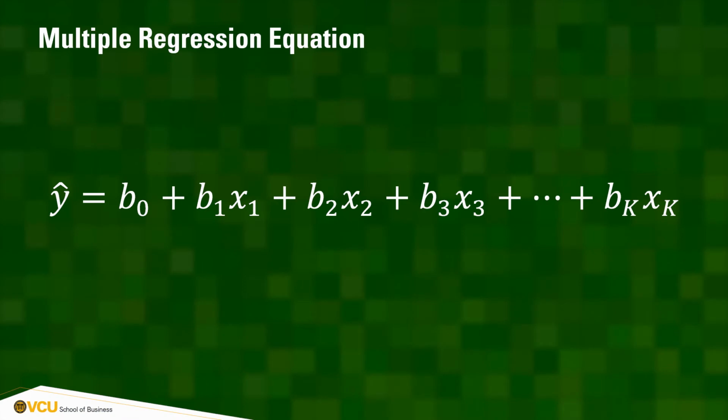A regression model using more than one explanatory variable is called a multiple regression model. And when such a model is linear, then it is called a multiple linear regression model. A multiple linear regression model in its most generic form looks like this. It still includes the response variable on the left-hand side of the equation.